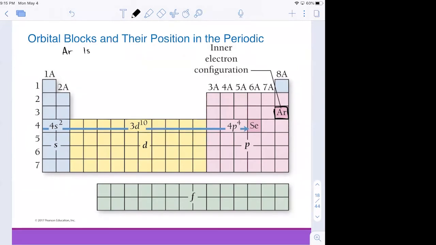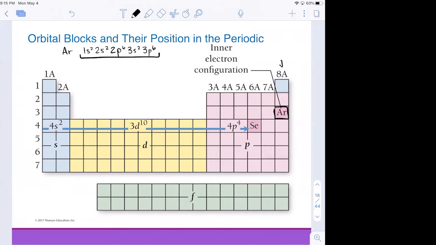Argon on the periodic table has an electron configuration of 1s2, 2s2, 2p6, 3s2, 3p6. All of its electrons are complete in this set.